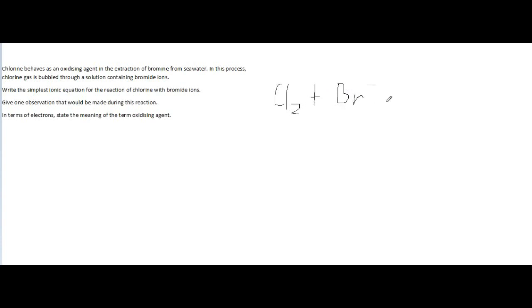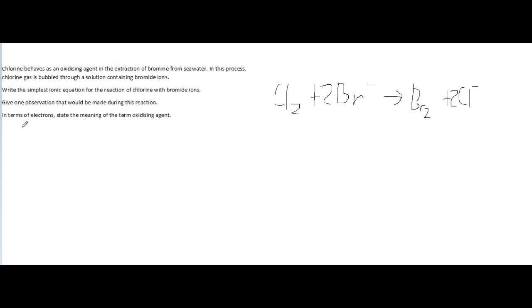Chlorine is an oxidizing agent, so it will oxidize the bromide ions to bromine. So I end up with Br2, and when it does that, it will end up being reduced itself to chloride ions. All we have to do now is balance the equation by putting a 2 here and another 2 here.